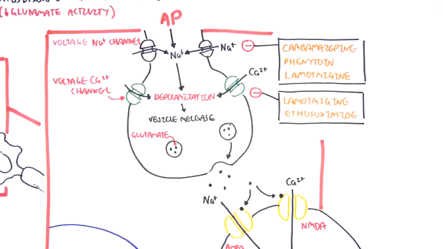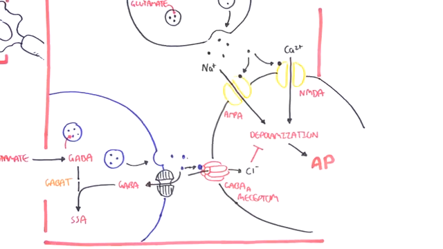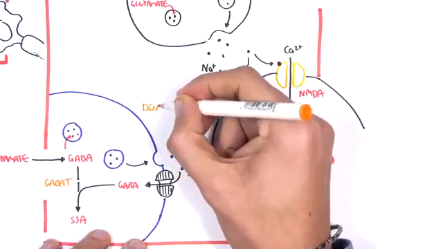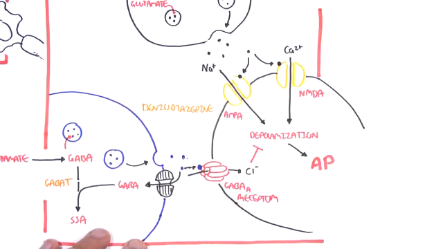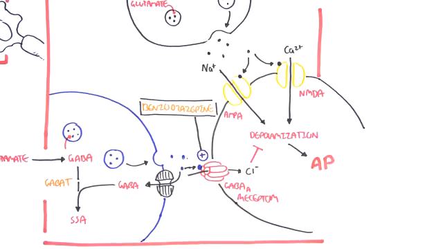So stopping the glutamate activity, essentially, or the neuronal excitement. Then we have the benzodiazepines, which will stimulate this receptor activity, this channel activity here, resulting in more GABA activity, which will inhibit the depolarization, the excitement.